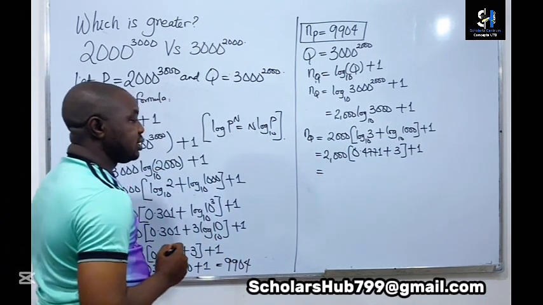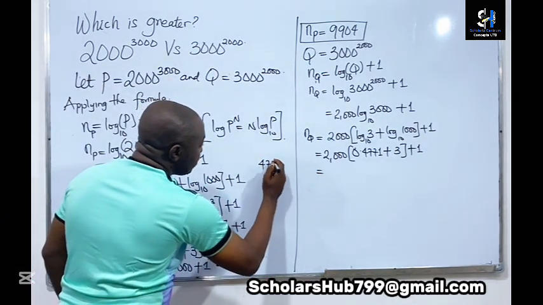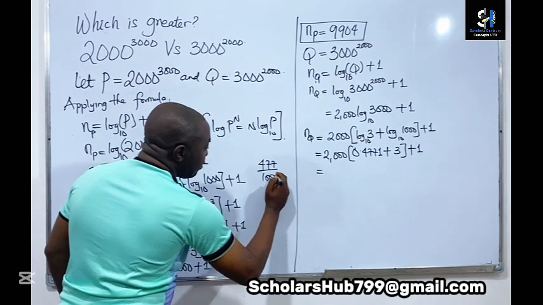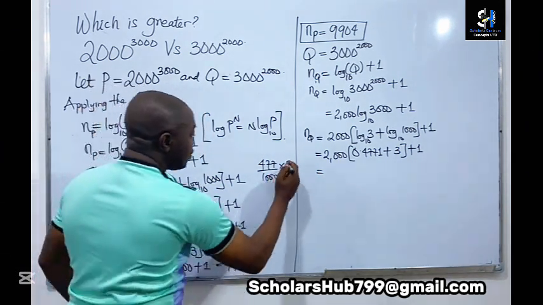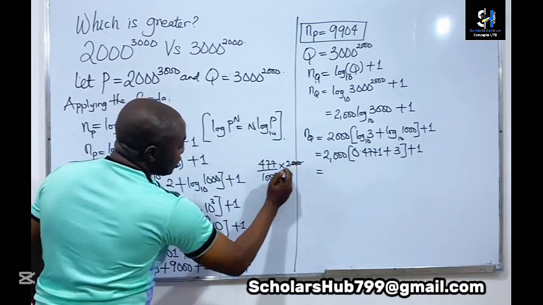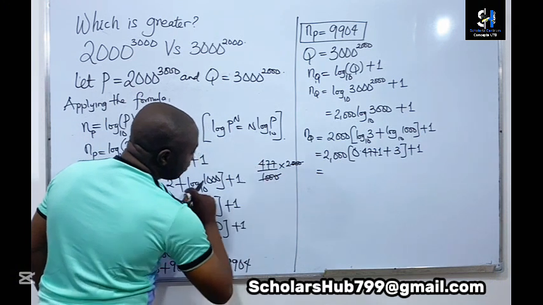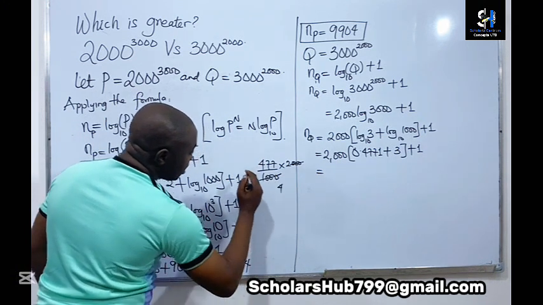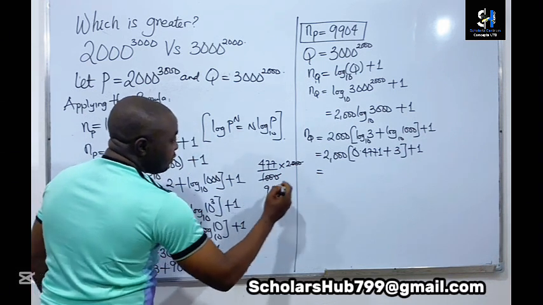Now multiplying this, if we multiply 477 divided by 1000 by 2000, I want to neglect this. So multiplying 2 by 477, that will be 954.